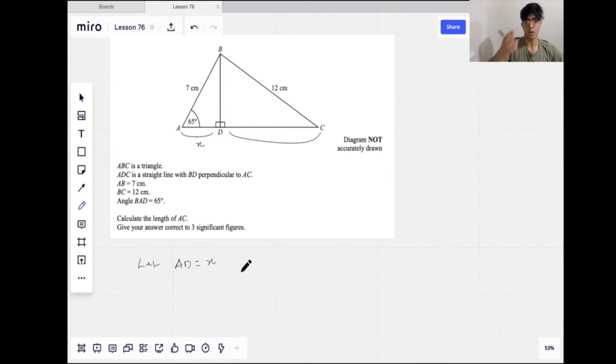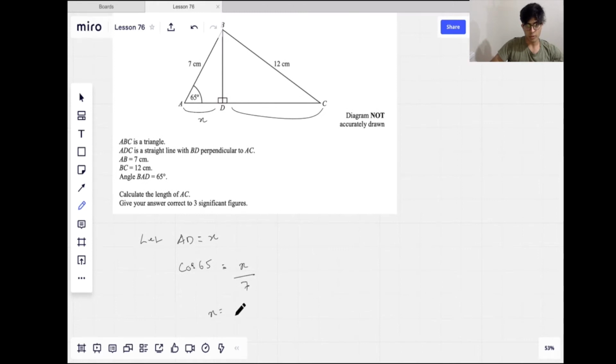Cos of theta is adjacent over hypotenuse. So cos of 65, the angle, is equal to adjacent, which is x, over hypotenuse, which is 7. So x equals 7 cos 65.